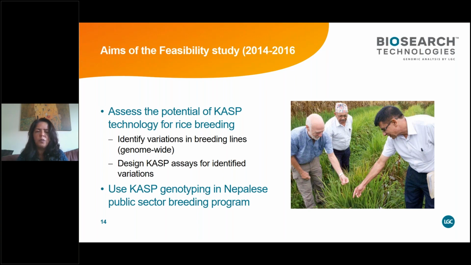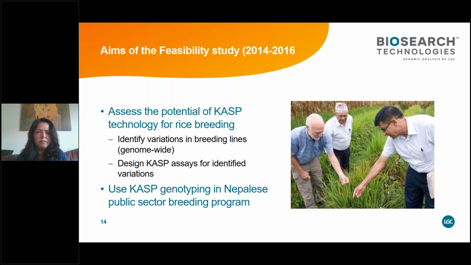This was with the intent of developing KASP genotyping for public sector breeding, which in turn will develop varieties that are going to be grown by local farmers and hopefully improve their livelihoods and provide them with a degree of security for their harvesting.